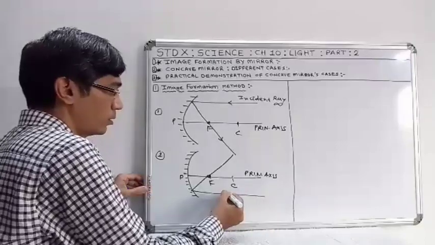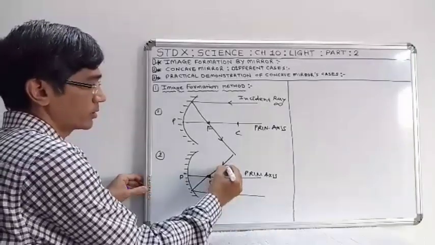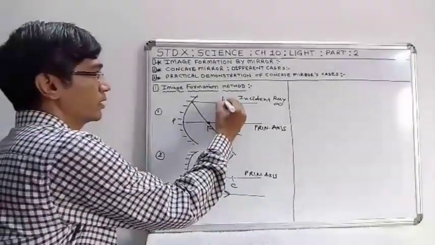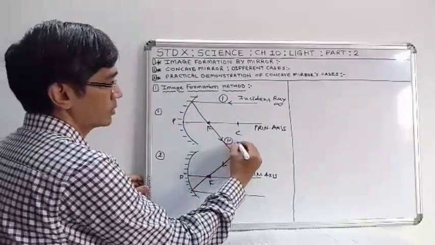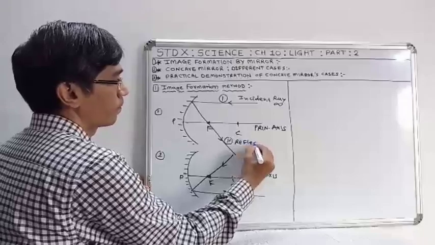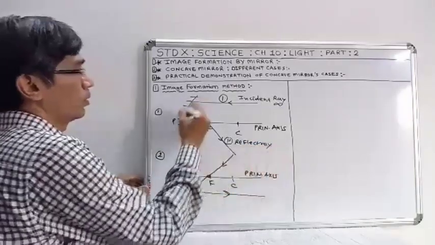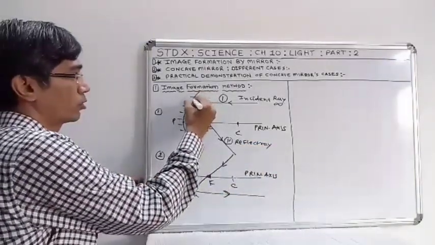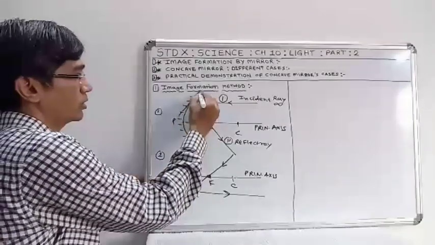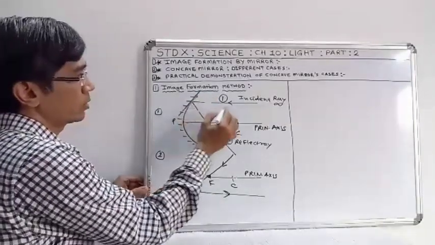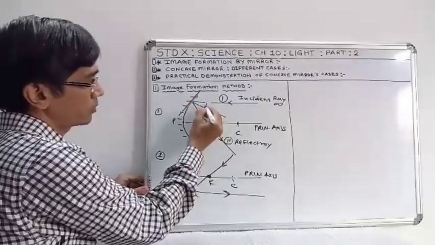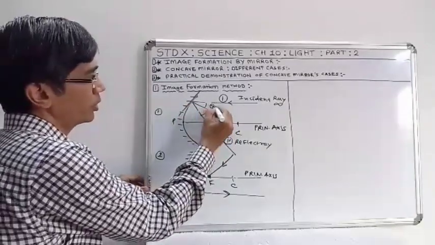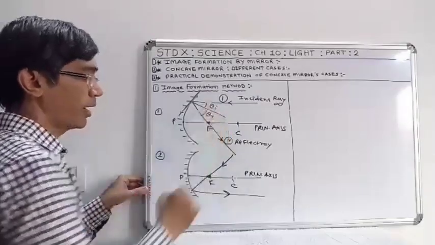Here, this one is the incident ray, and 1 dash is the reflected ray. If you draw the tangent to this curve, then here also the reflection rule is followed. That means theta I is equal to theta R.